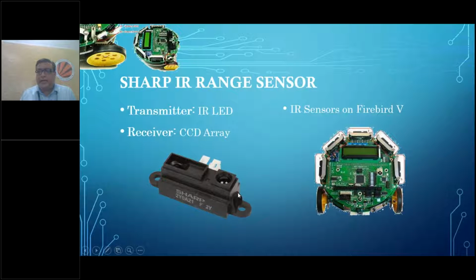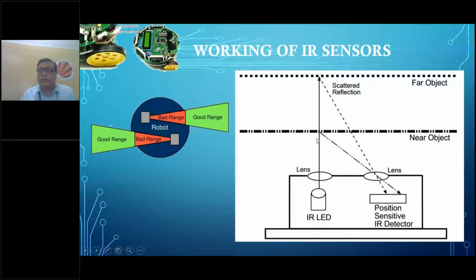It receives the signals from different objects, so this is the IR light, and then it reads from here. Once it reads the data, it performs some function on the basis of that. Depending on that, it is used to identify an obstacle, meaning any object in the path of that robot.